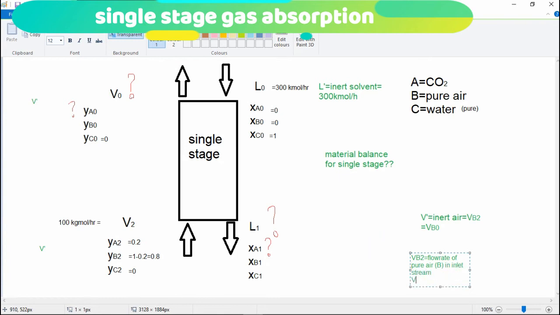And VB naught is equal to the flow rate of pure air, which is component B, in the outlet stream.